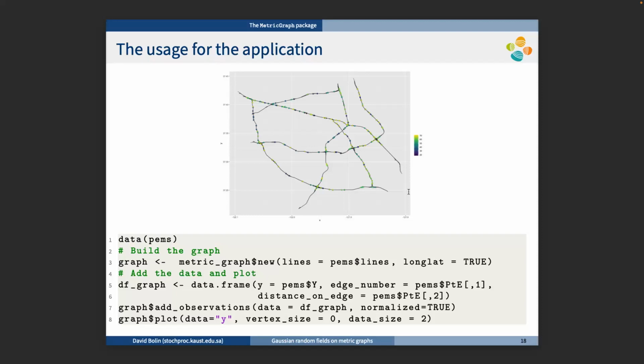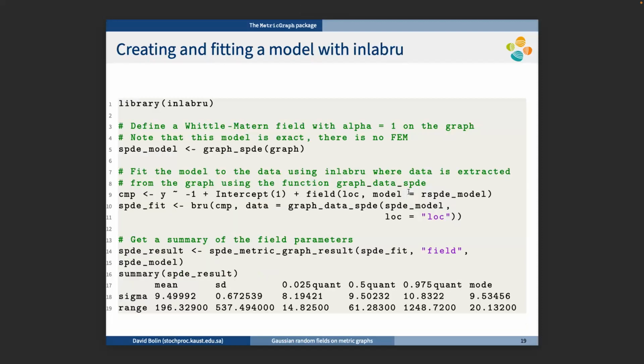Given that you have done that, it is easy to specify and fit the model. This is the entire code for specifying the model and fitting it to data using the inlabru package, which internally is using R-INLA.